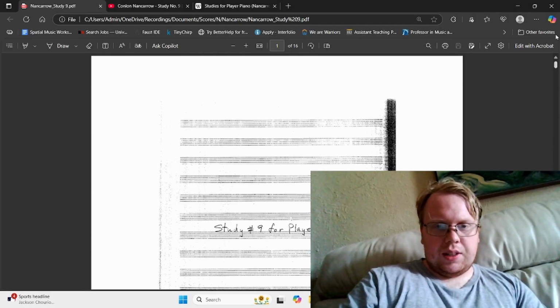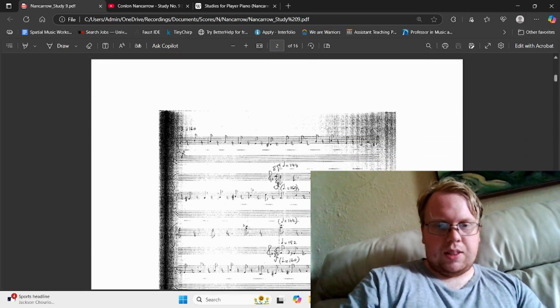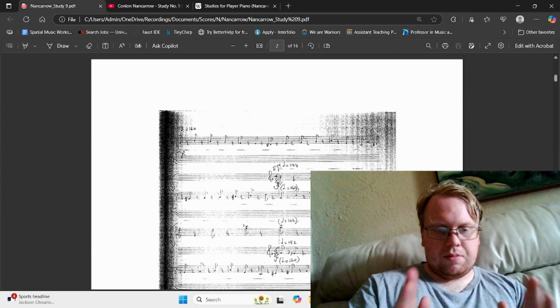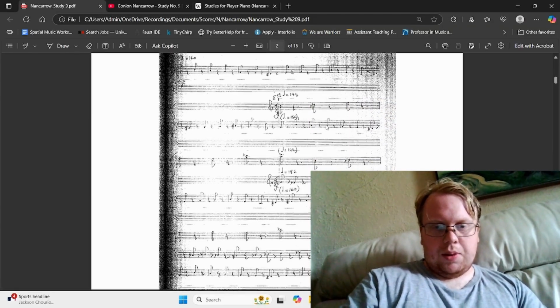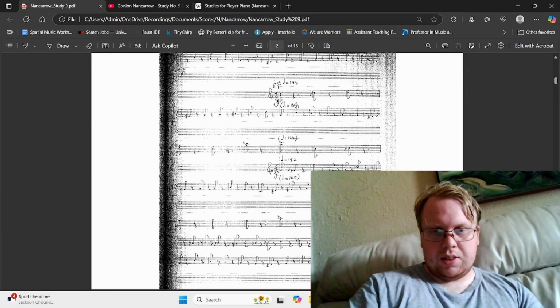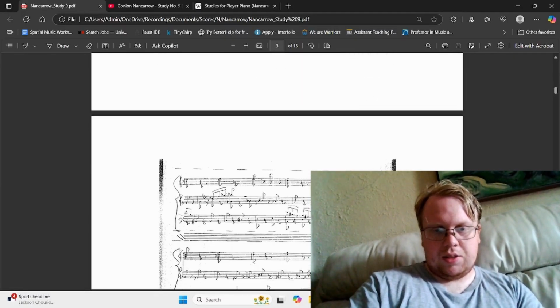The very first idea where everyone is playing straight beats more or less in their own tempo, and then you get melody popping out of each voice. Like the first time is at the end of the first page here.